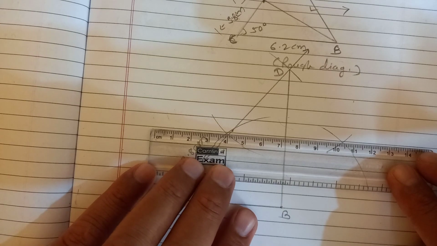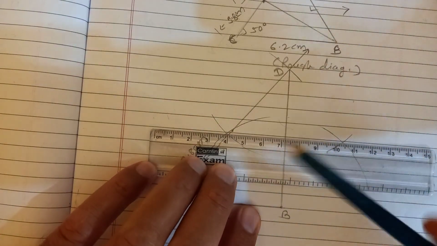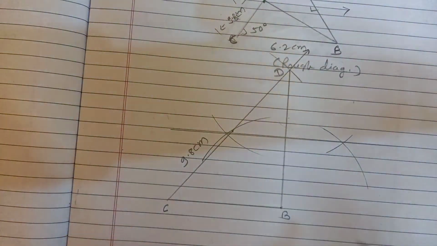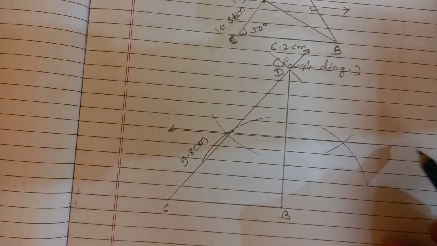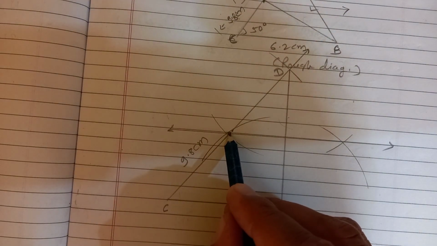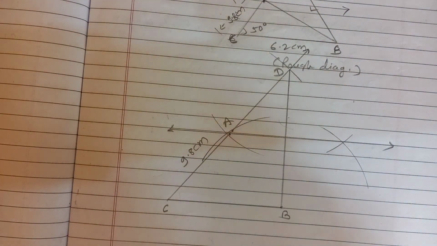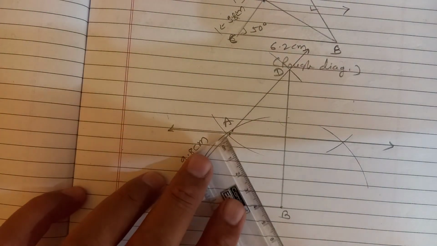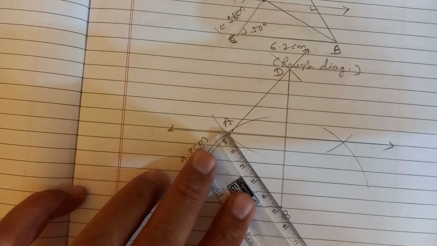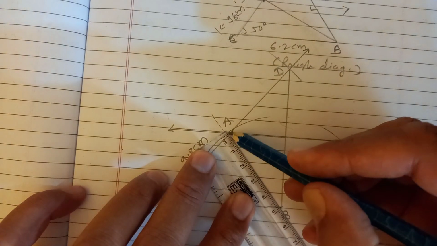Where the line intersects this ray, there is your point A. Using the scale, join A and B.